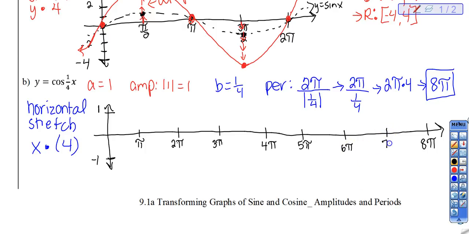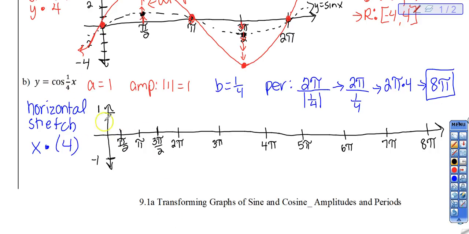Apologize. And then, of course, we probably should get the quadrantals in there for at least the original parent function for our pi over 2 and our 3 pi over 2, because the cosine function, without any transformations, needs to pass through those values as well.